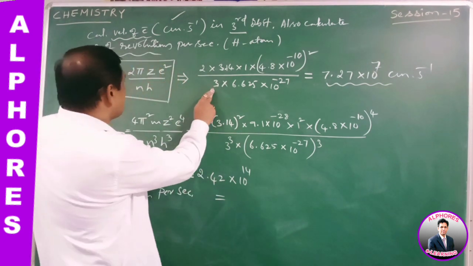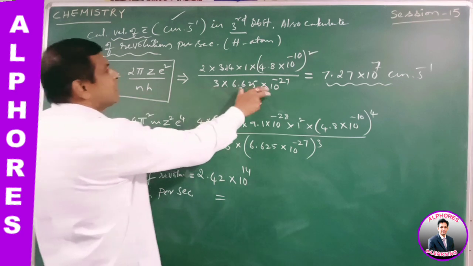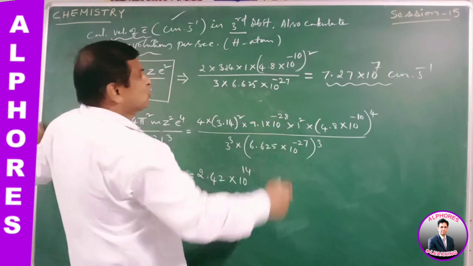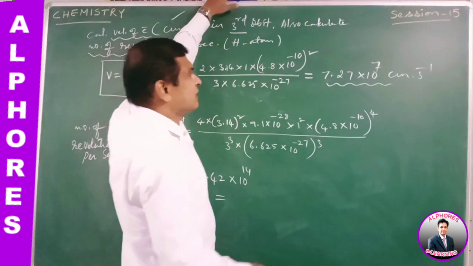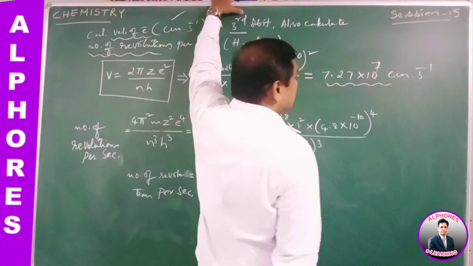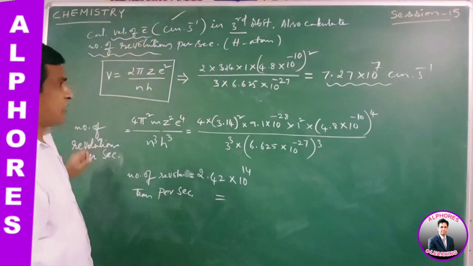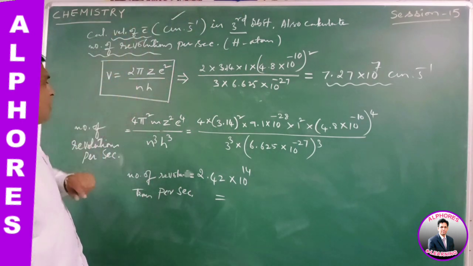Orbit number is 3 and Planck's constant is 6.625 into 10 to the power minus 27 ergs. So the velocity of the electron is calculated as 7.27 into 10 to the power 7 centimeters per second.